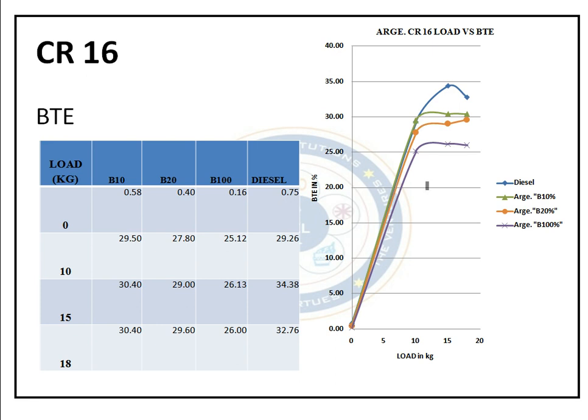In the graph, the highest efficiency we have is in diesel. Then outside this is the B10 graph. Down to this is B20. And the last is pure Argemone, B100.